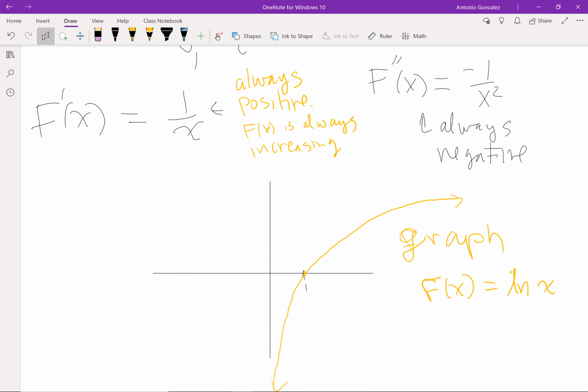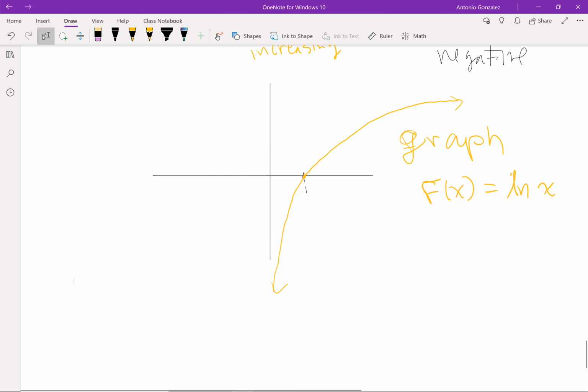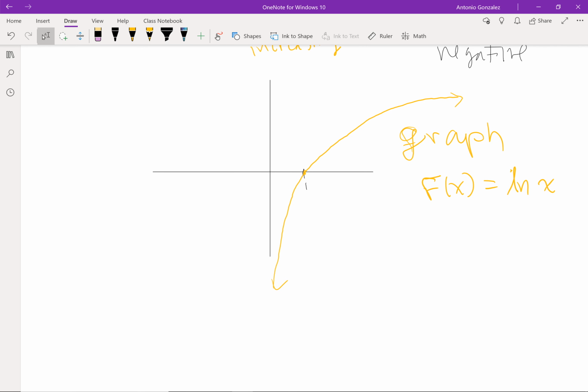Now we can state that for f of x equals ln of x, the domain is from 0 to infinity. Now the range, and I'll state this without proof, we can visually see this. If it's always increasing, that means it should take on all values of y.